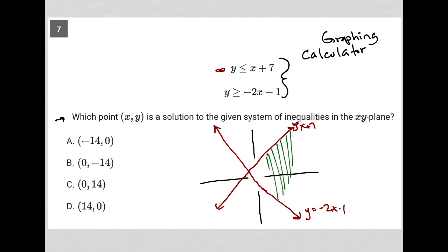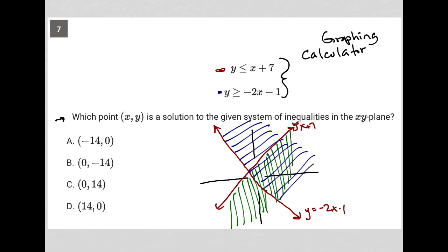The solution for y is less than or equal to x plus 7 is all of that green area. And then for the next inequality, y is greater than or equal to negative 2x minus 1, that means I'm shading everything above this line in blue. And you can see that where these two lines intersect is this whole region here to the right.